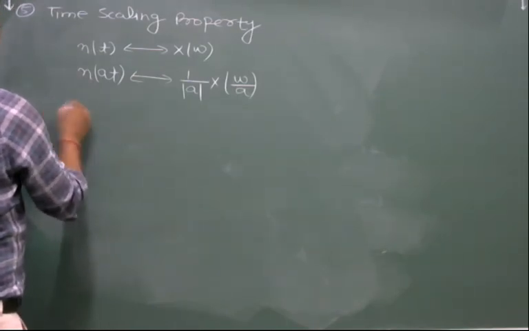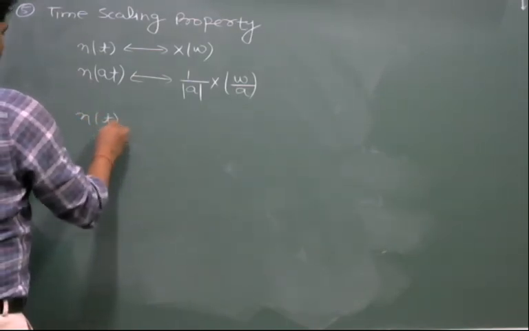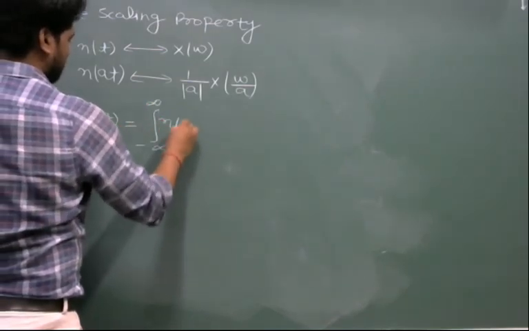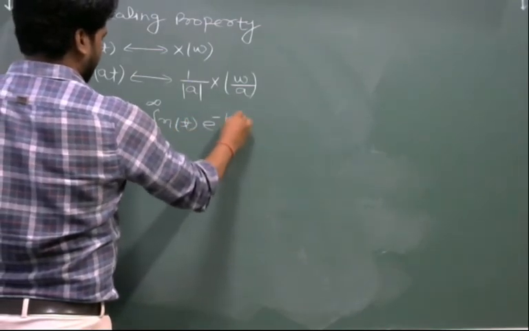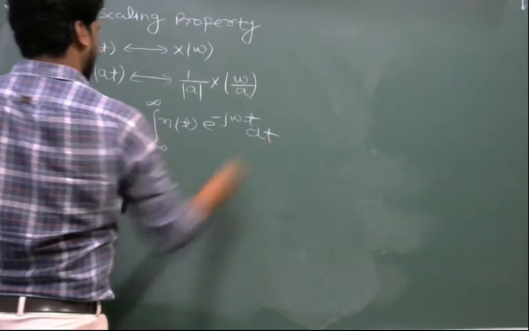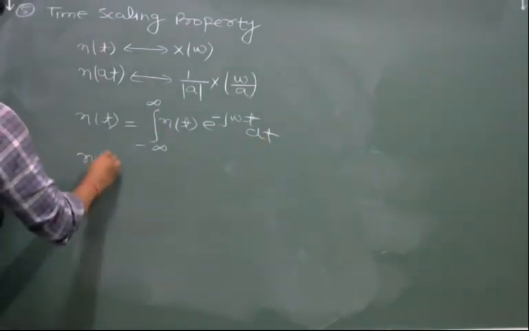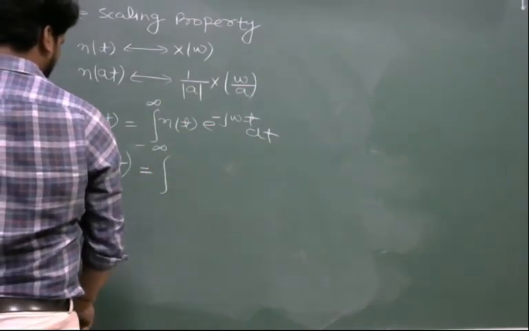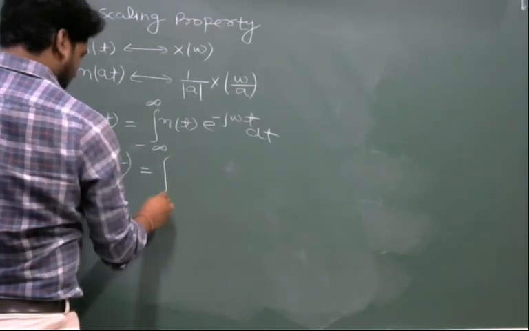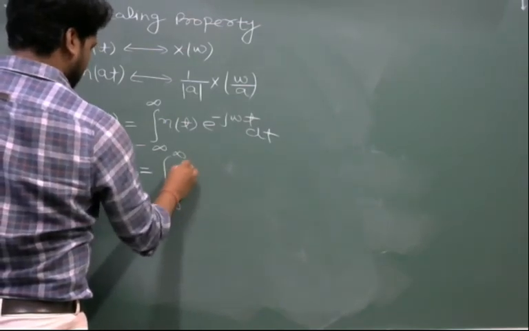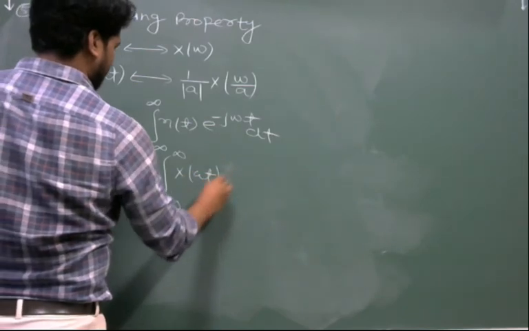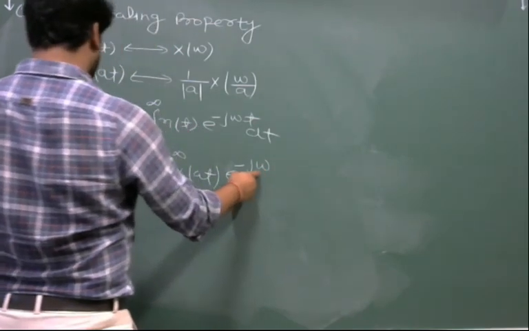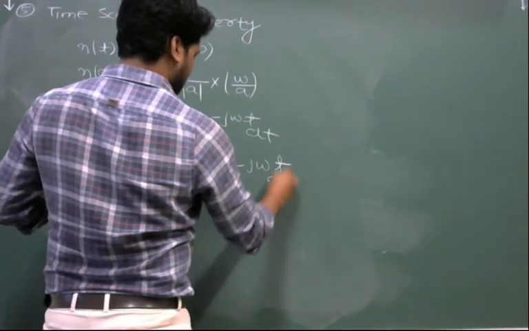Suppose we write the Fourier transform of the signal x(t) as the integral from minus infinity to plus infinity of x(t) e power minus j omega t dt, and the Fourier transform of x of at will be the integral from minus infinity to plus infinity of x of at e power minus j omega t dt.